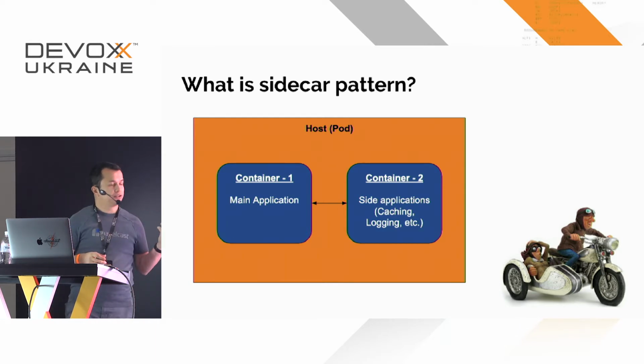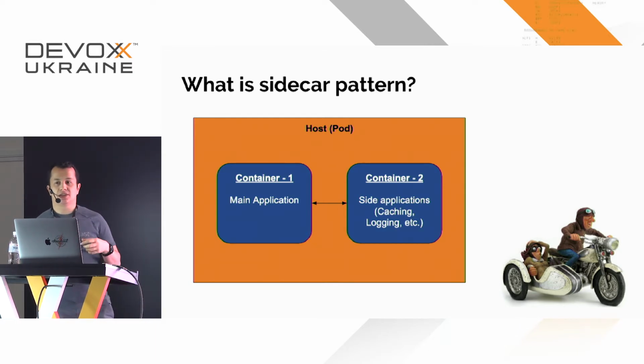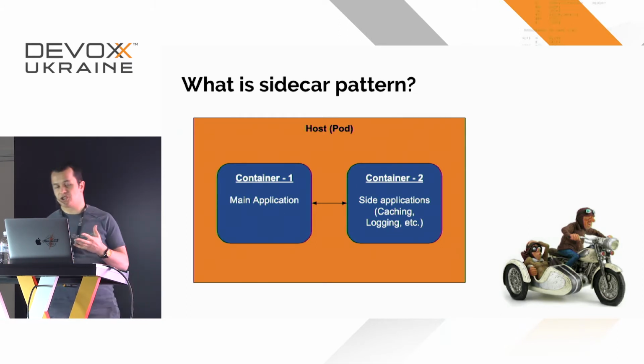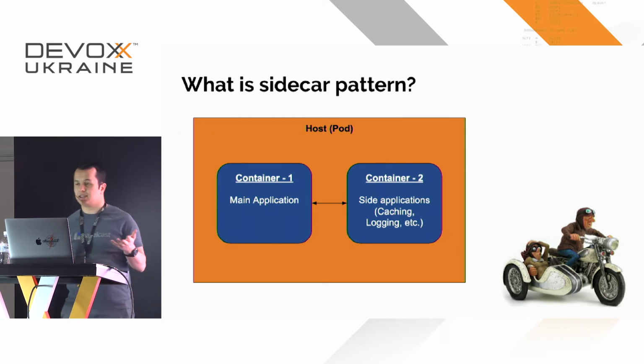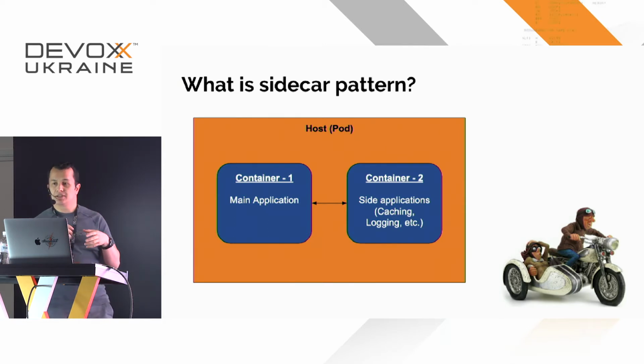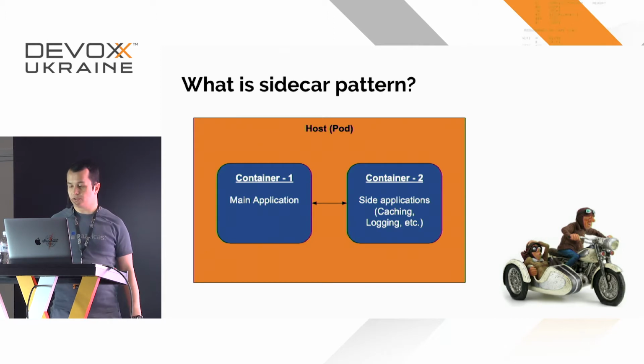The first container will be your main application, and the second container will be providing some side applications, such as caching, logging, some security applications, maybe some filtering applications. And most of the time, we are using proxies to communicate between these two containers.